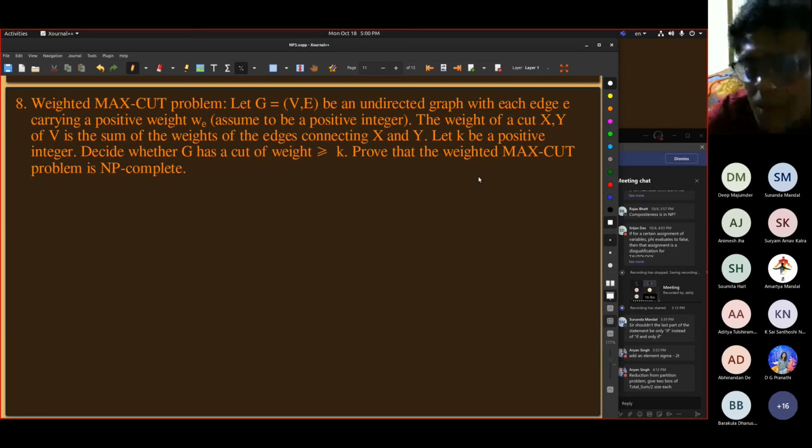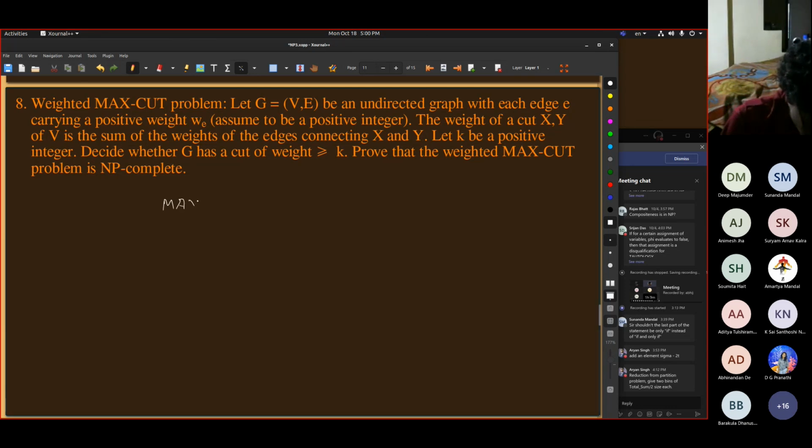So this is also NP complete, but in order to make it very precise, I just propose a reduction from max cut to weighted max cut.